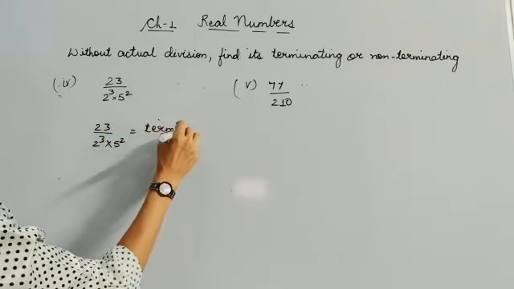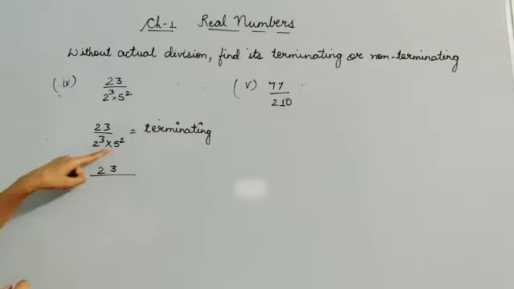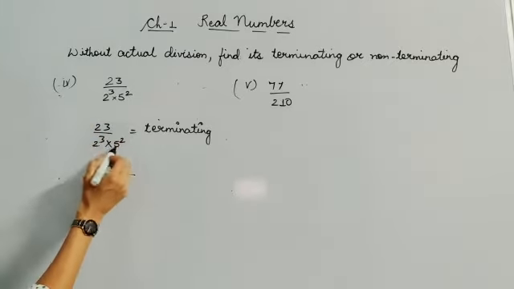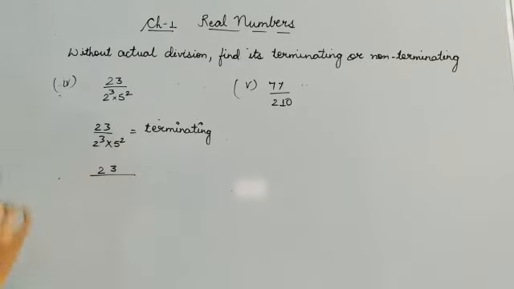Now if I want to find the answer of this, you write the numerator as it is, and you see the highest power of these two. Here this is the highest power, so I need to make the other also 3. Whatever is the highest power amongst these two, you make the other that power. So to make it 5 raised to power 3, I need to multiply and divide by 5.